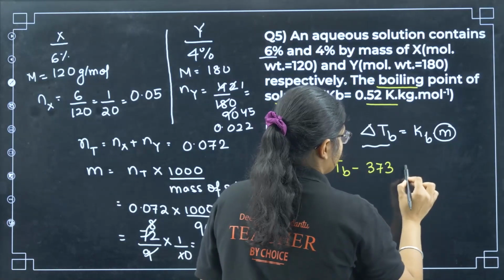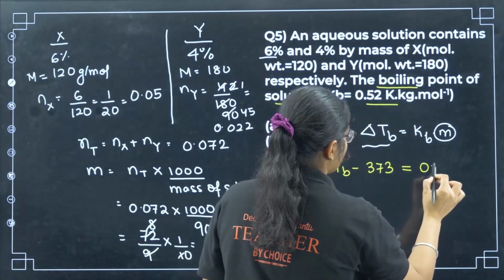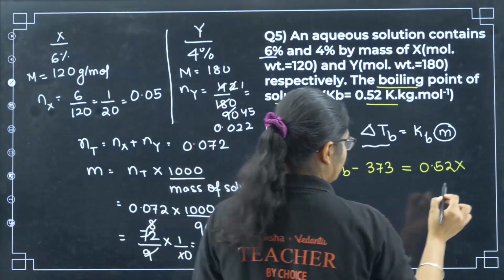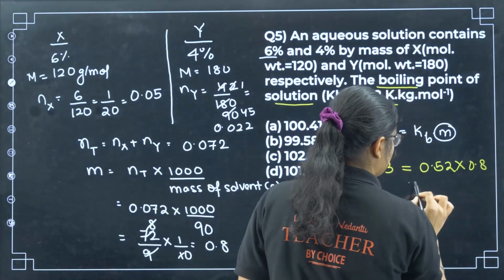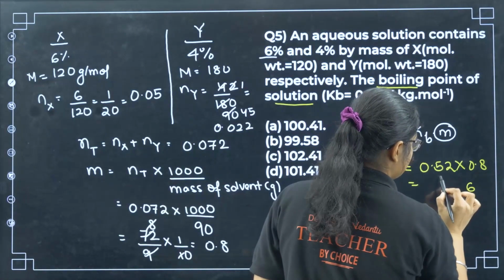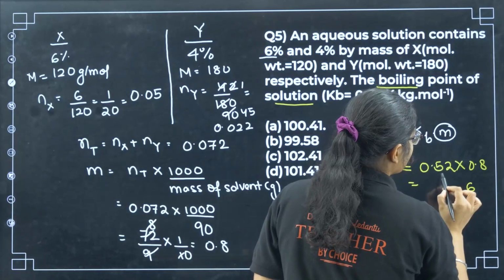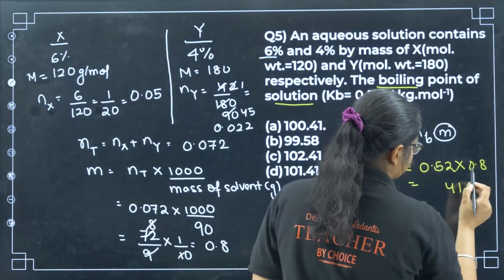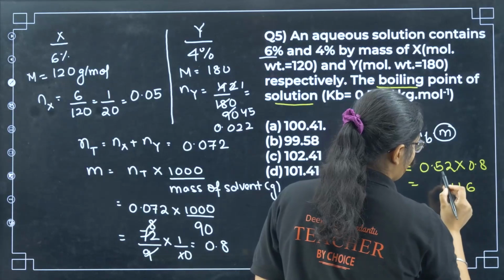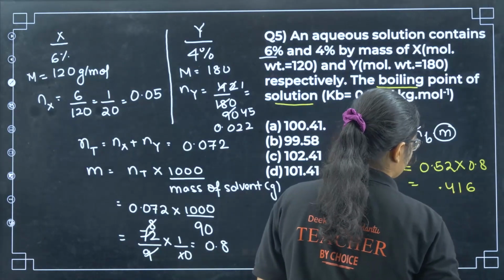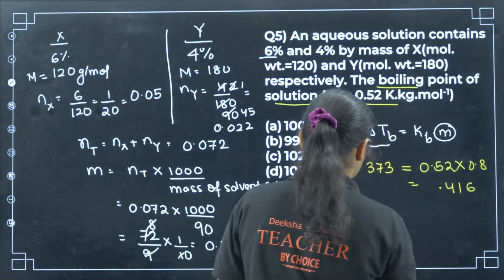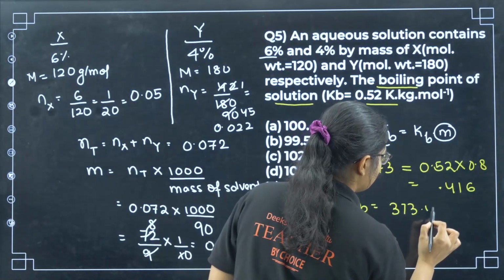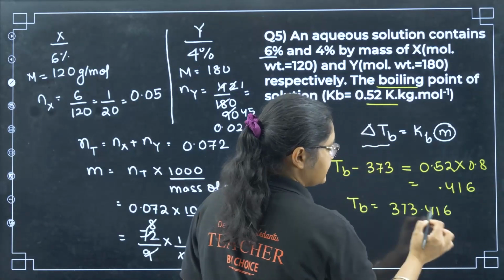Equal to Kb value is 0.52 into molality, how much? 0.8. So let me just multiply. 8 2s are 16, 8 5s are 40 plus 1, 41. Okay, and this one will give me how much? 3 decimal places, 0.416. So what is Tb value? 373.416. Okay, this is in Kelvin.